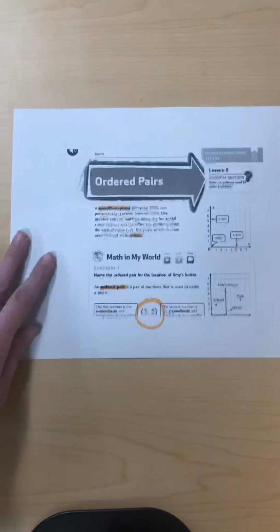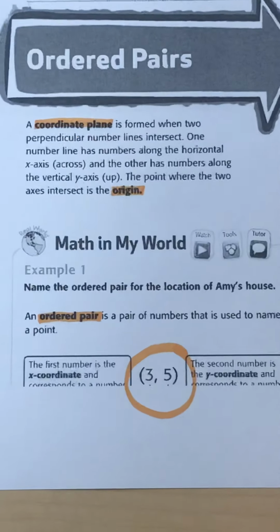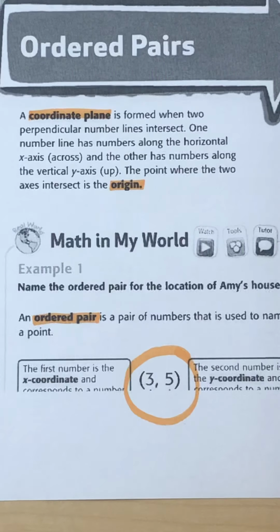Okay, so now that we've had a little warm-up, we're now going to talk about some important words you're going to see in this lesson, okay? So I'm going to zoom in again. The first set of terms you need to know is a coordinate plane. A coordinate plane is basically made when you put 2 lines together that are perpendicular.